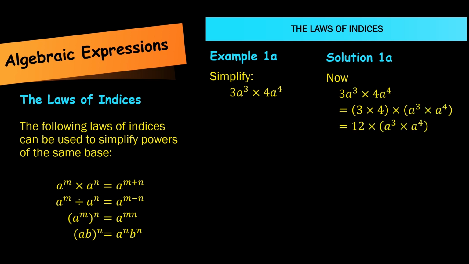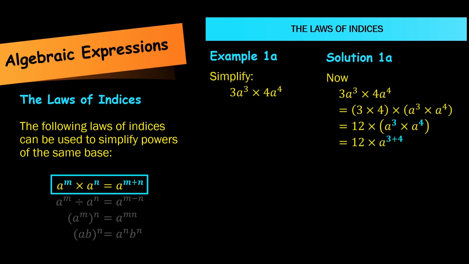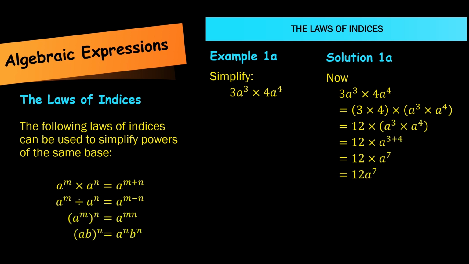Simplifying 3 times 4 gives us 12. We will now use the first highlighted law to help us solve a cubed times a to the 4. So adding the indices gives us a to the power 7. And overall we have 12a to the power 7.